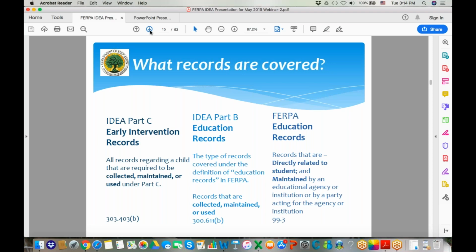And why that's important is, as Kala said, FERPA was written in 1974. So that was pre-internet, pre-email, pre-online school record portals, et cetera. So it's really almost medium neutral in that if the record is directly related to the student and maintained, under FERPA, that would be considered an education record.